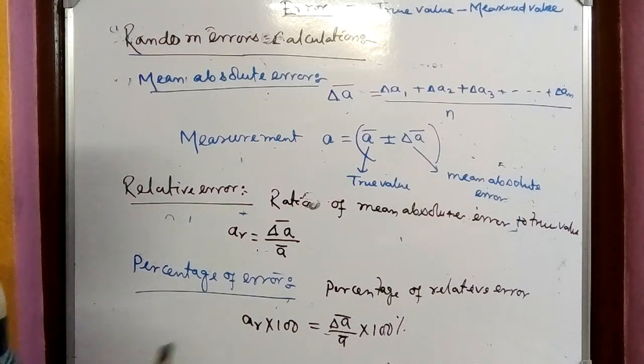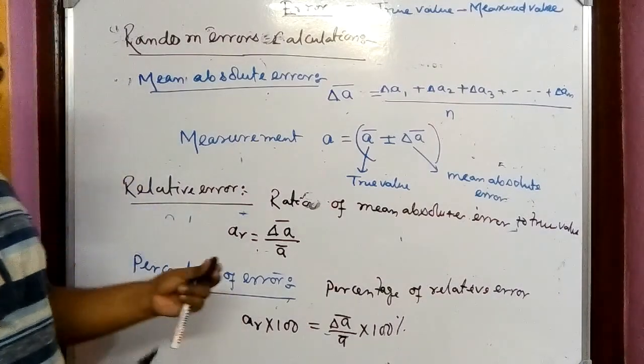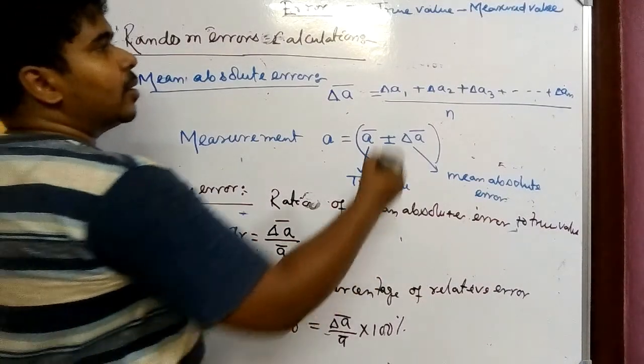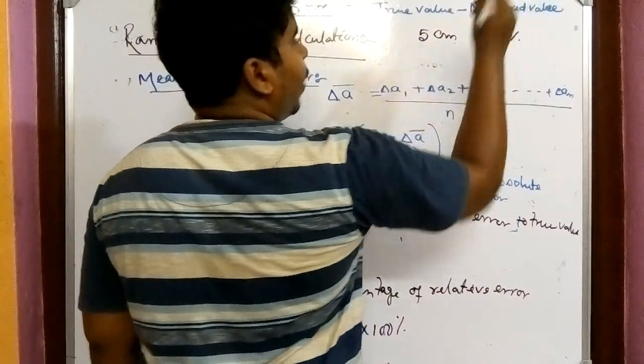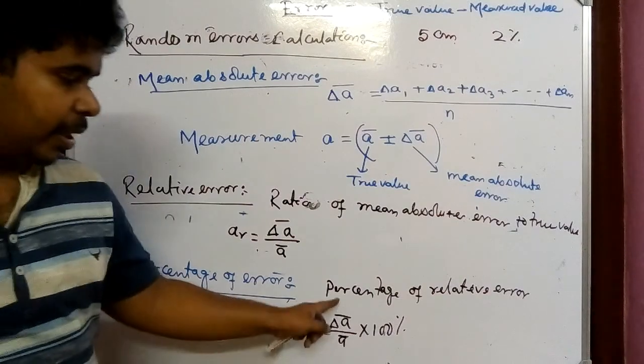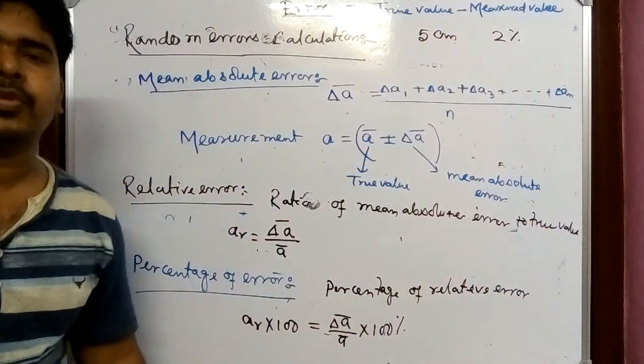So whenever we represent the measurement, we can also represent it in the form of percentage of error, that the measurement of length is 5 centimeter with 2% of error. So 2% of error means delta A by A into 100% equals 2.